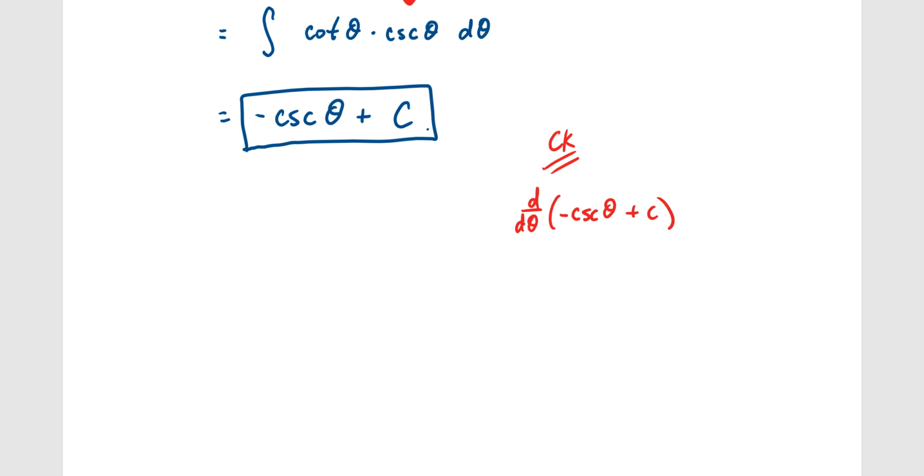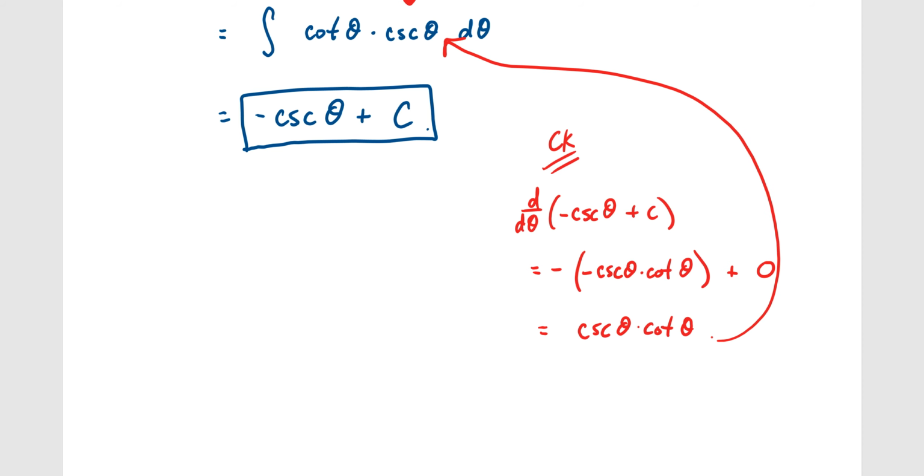The derivative of negative cosecant theta is going to be negative, and then the derivative of cosecant is negative cosecant theta times cotangent theta. And the derivative of the constant is 0. So the negatives cancel off. We get cosecant theta times cotangent theta. So we check, is this what we started with? And it's right there, so yes.